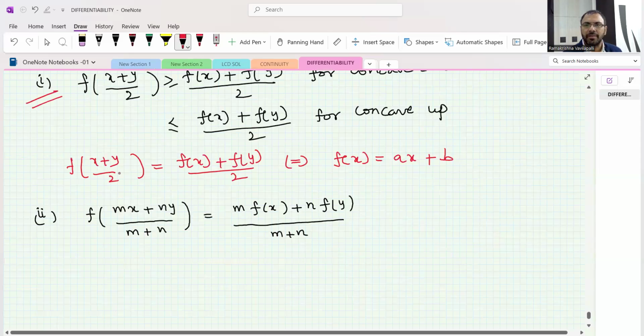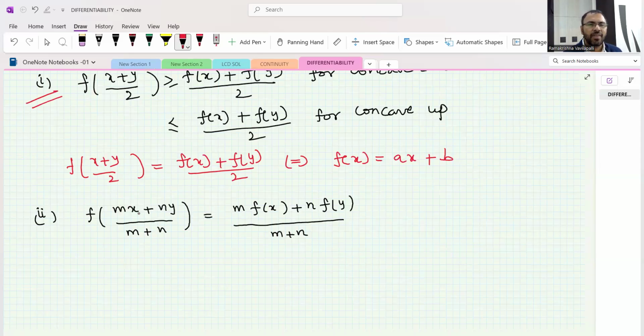Not only for this midpoint, you can take any dividing point: f of mx plus ny by m plus n is equal to m into f of x plus n into f of y by m plus n, where m, n are natural numbers. This is possible only when it is a straight line, that is, ax plus b.